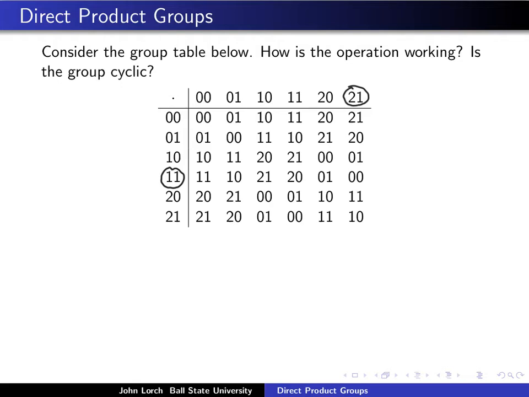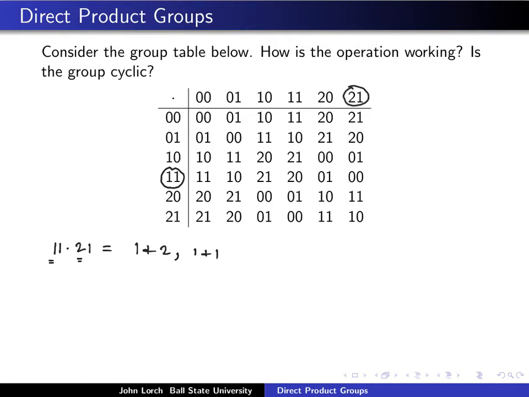You might have noticed that you combine elements in this group by first combining the first coordinates, so the 1 and the 2 go together, and then we combine the second coordinates.